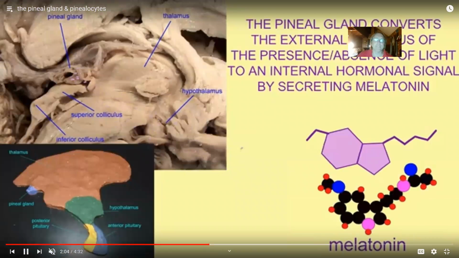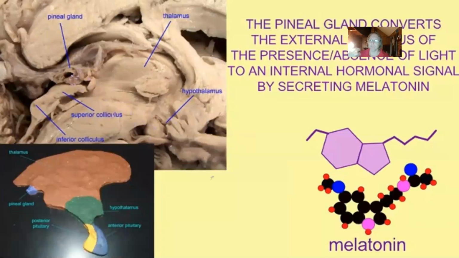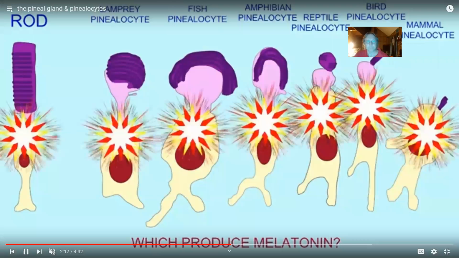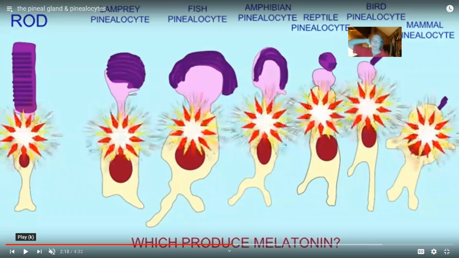Now, the pineal gland has a fascinating history, which I'll just mention here. It was once a third eye, not like an eye for vision, but it was located at the top of the skull. It wasn't covered by brain in early mammals. There was what was called midbrain exposure, where the cerebrum covered the midbrain and then the pineal gland.